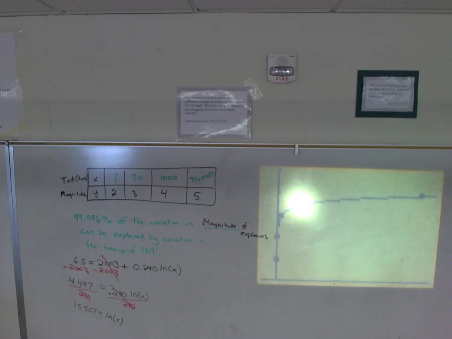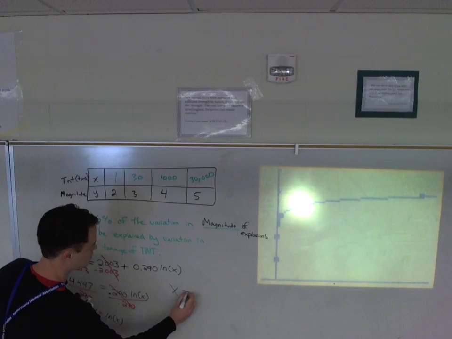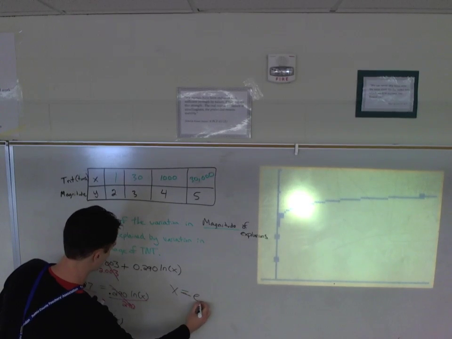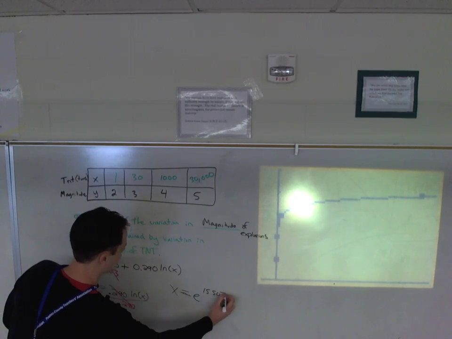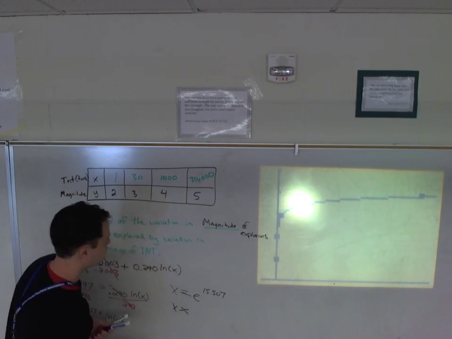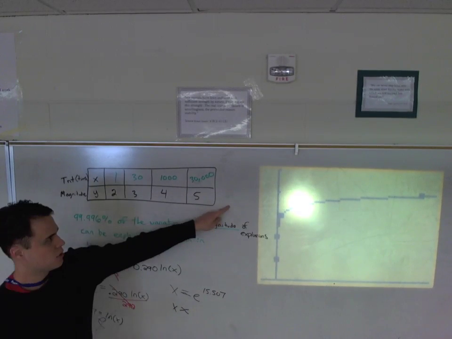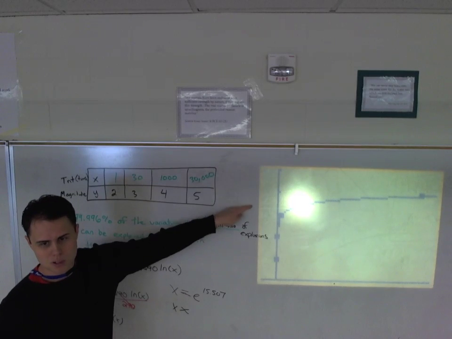How do I get x? How do I unlock it? That's a logarithm, use the exponential. So we get x is equal to e to the 15.507, which I'm betting is a big number. Think about it. 6.5 is over here, so it's got to be a much larger number.